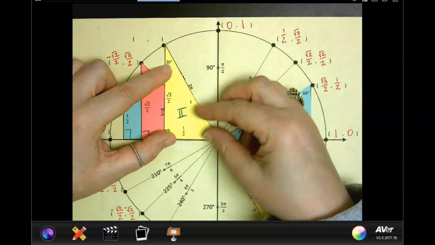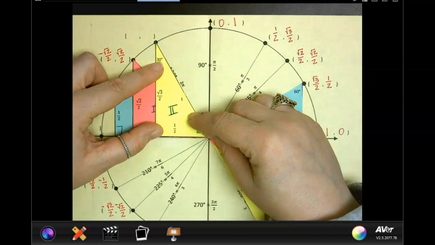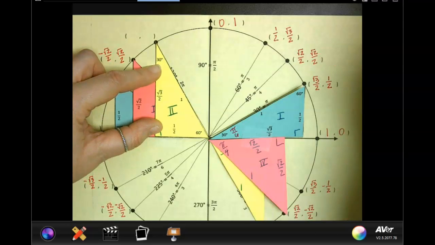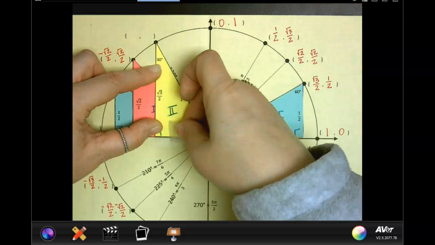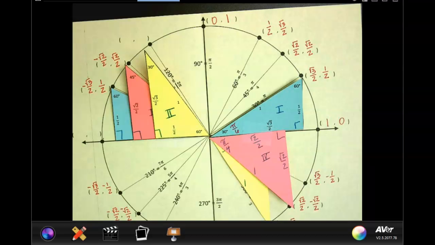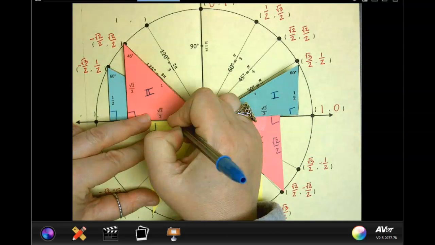All right, so let's take this yellow triangle here and put our last triangle down on here. We're going to reflect this down.